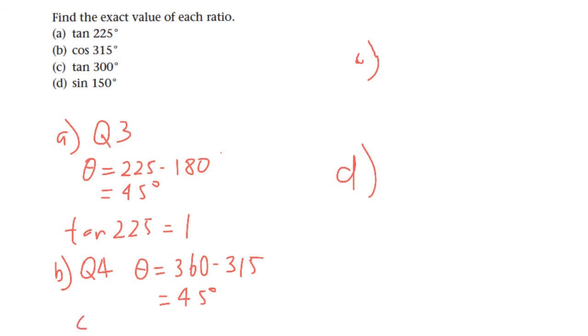Cosine 45 is equal to 1 over root 2. Combining those pieces of information, our exact value for cosine of 315 is going to be 1 over root 2. Again, we need to ask ourselves, will that remain positive or should it become negative? Our answer is that it should remain positive, because we're in quadrant 4 where cosine is positive.